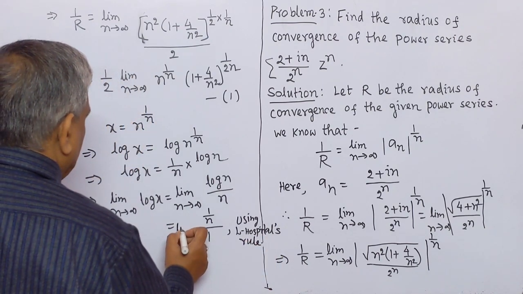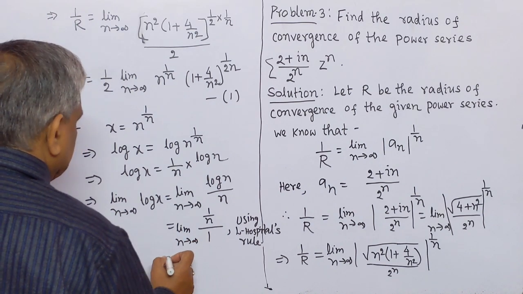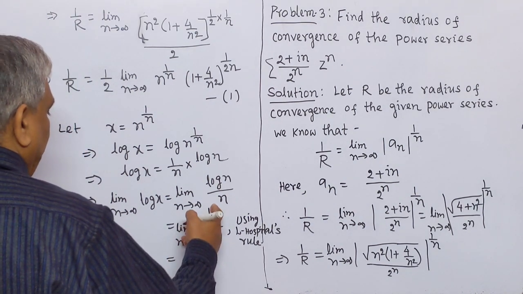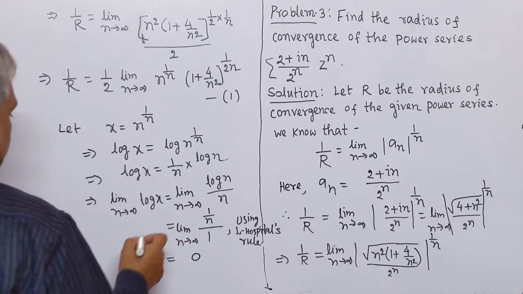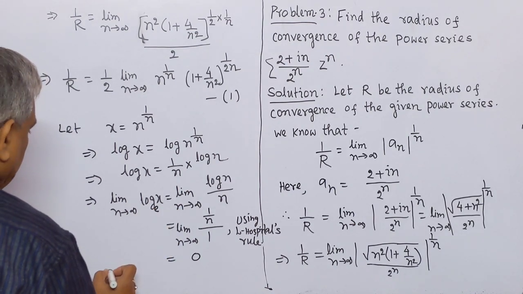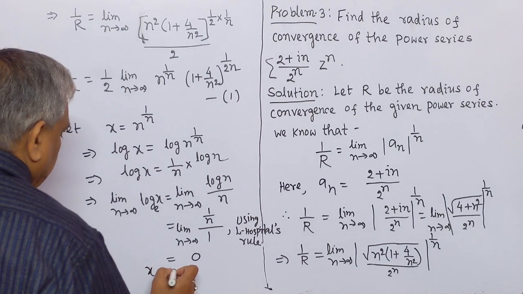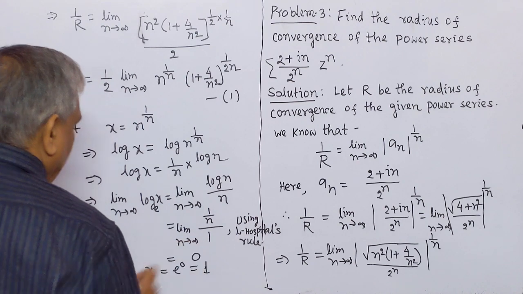Here limit n tends to infinity. This is equal to, if n tends to infinity, then 1 by n equal to 0. Here we write base e, implies that x equal to e to the power 0. This is 1.